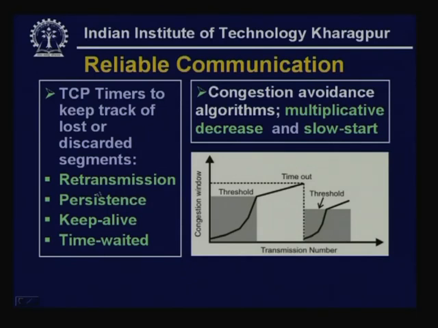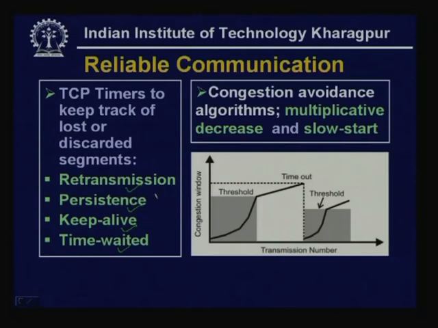To perform error control, a number of timers are used. There are 4 timers. One is the retransmission timer, second is the persistence timer, third is the keep alive timer, and fourth is the time waited timer. The retransmission timer is used in situations where, suppose, a frame has been sent and it is lost.